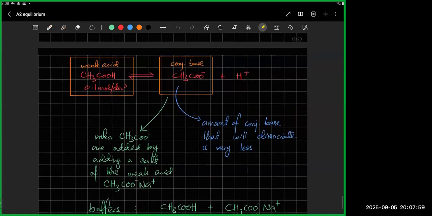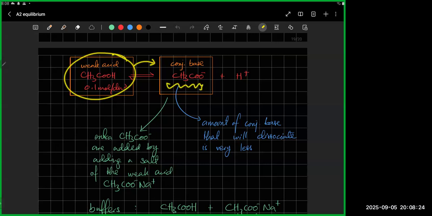So what I told you was that for a buffer to be formed, you need a weak acid and you need its conjugate base, right? So you need etheric acid and you need etheric ions as well. But I told you specifically that etheric acid on its own is a weak acid. It does dissociate, but it doesn't really produce a lot of etheric ions.